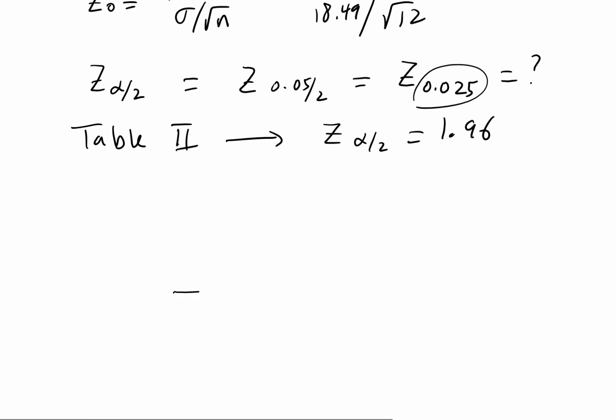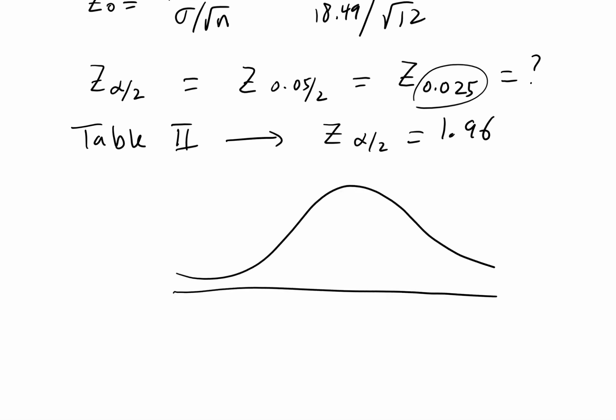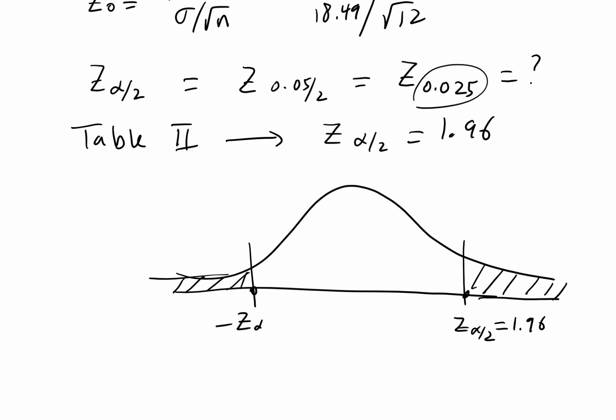So now we are going to construct the two-tailed test for the two regions. This one here is z sub alpha over 2, and again it's 1.96, and this one here is always the opposite, which is negative 1.96.